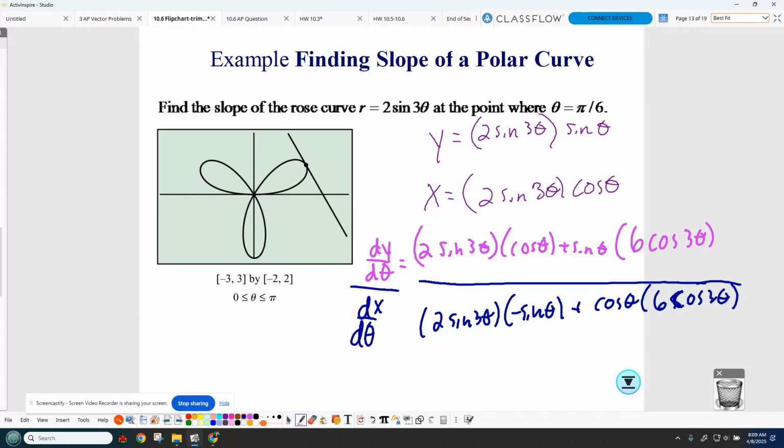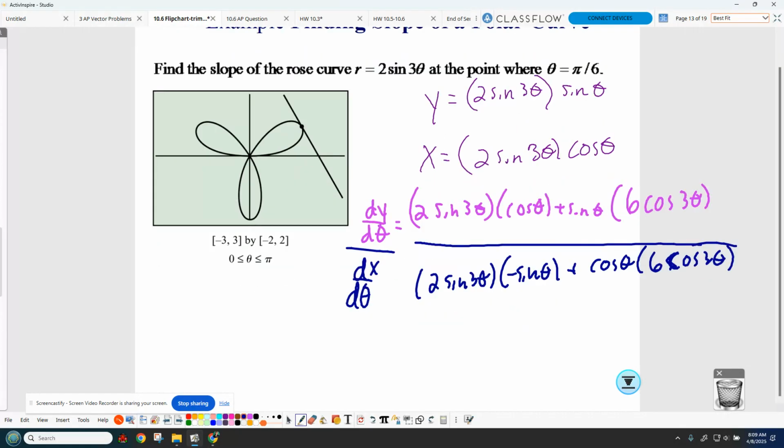Everything very methodical. I always write the y equation over the x equation so that I don't turn it upside down by accident. And then doing the derivative of that product that I wrote, the r, then the other thing: first times the derivative of the second plus second times the derivative of the first. I've already done the work for the derivative of r on the top, I just copied it over.